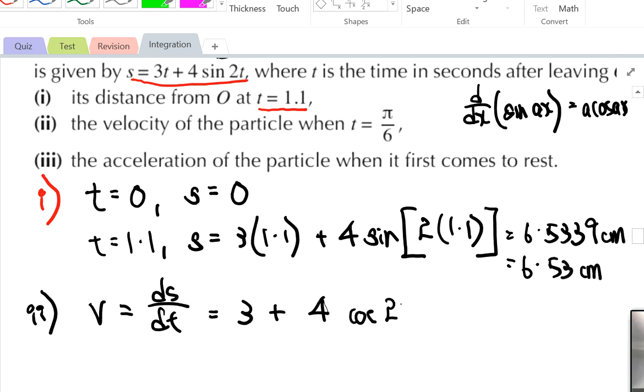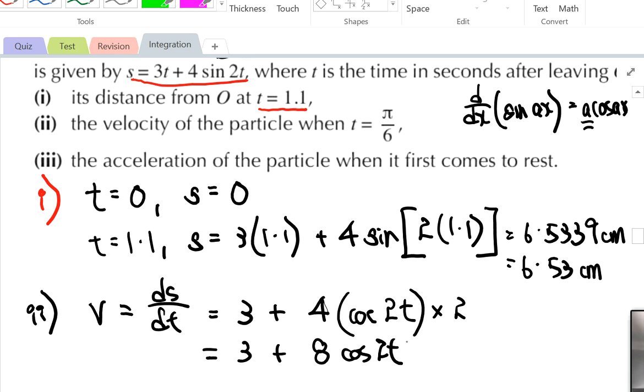Something is missing. You need to differentiate the 2t, times 2. That's why you see I wrote the a outside here. When you differentiate ax, you get a. So differentiate 2t, you get 2. Am I right? So this whole thing, I need to multiply by 2. So the final one is 3 plus 8 cosine 2t.